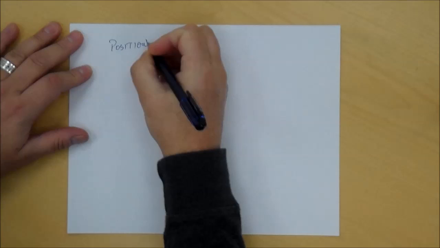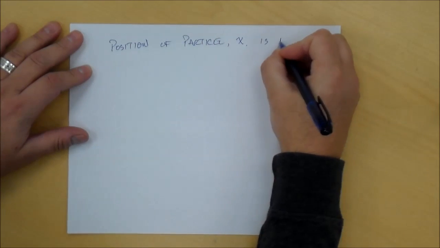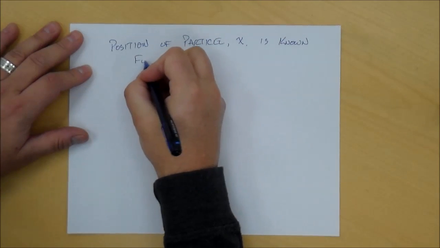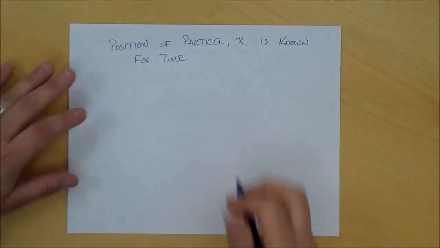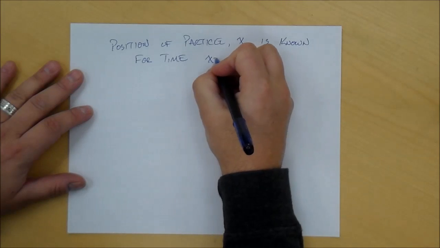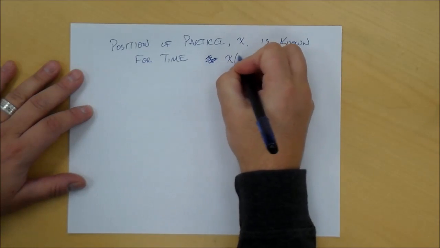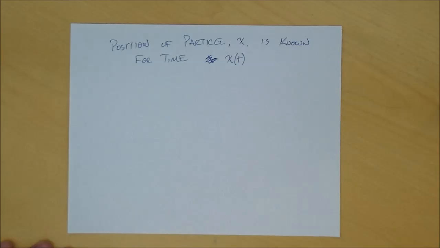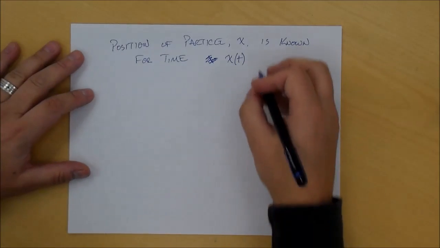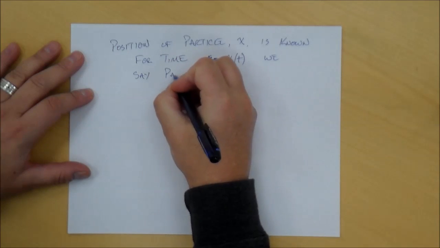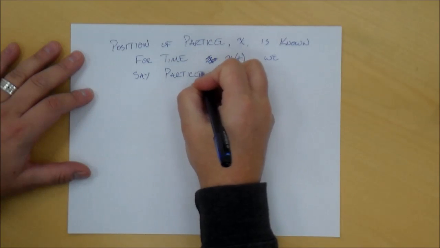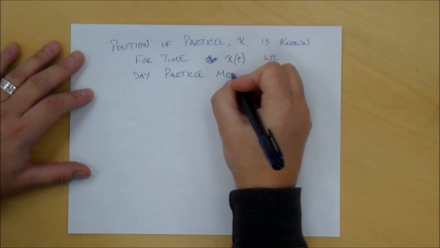Now, when the position of a particle is known for all time, for all possible values of time, so now x is a function of time, when you know that position, we say that the particle motion is known.